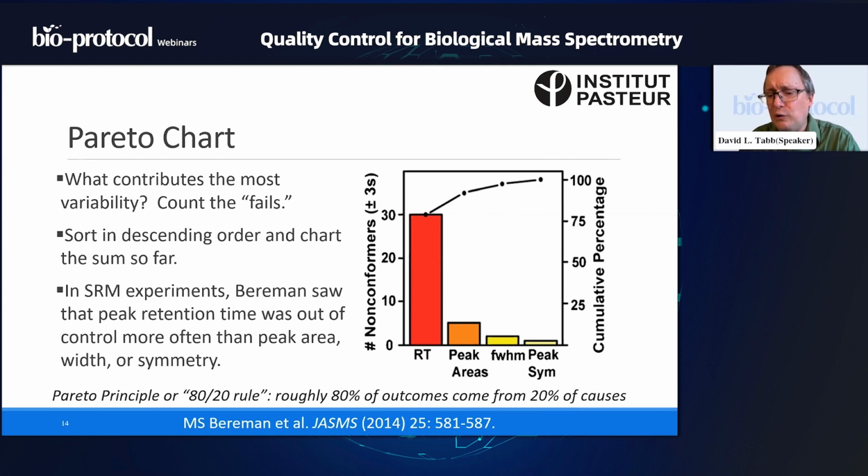Then we have something called FWHM. That's a little cryptic, but it's a term that shows up very frequently when we talk about quantitation of peaks in mass spectrometry. It stands for full width at half maximum. Full width at half maximum. So if you have a peak and you want to say how wide is it, you could ask, where does it first peak up above the noise and when does it disappear into the noise again?